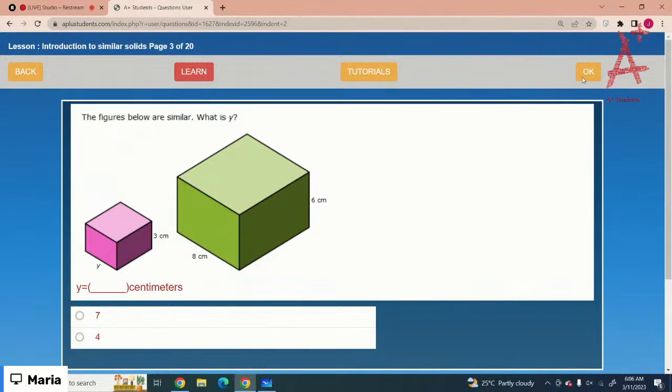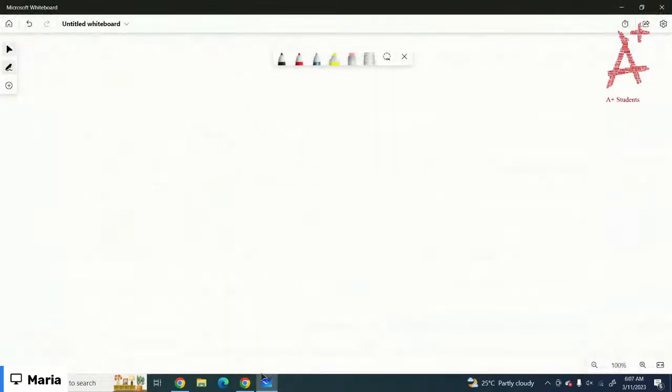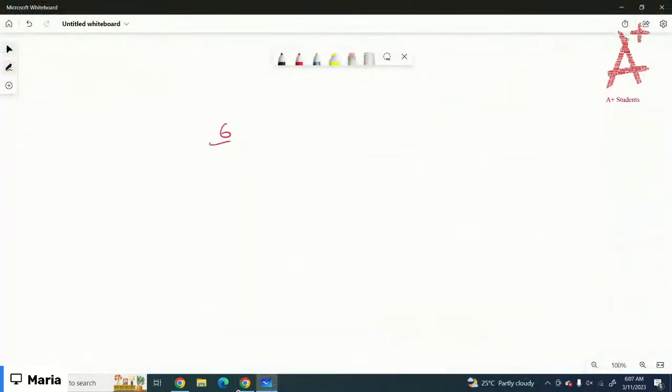Okay, the next one is the figures below are similar. What is y? So just form a proportion between the similar corresponding sides. So it would be 6 over 3 equals 8 over y. So just cross multiply.